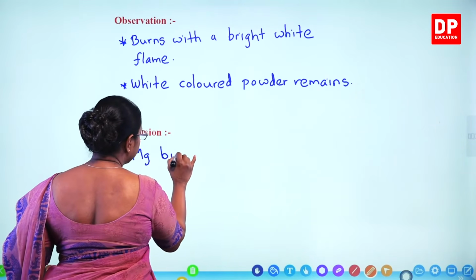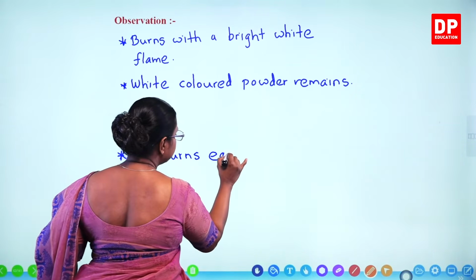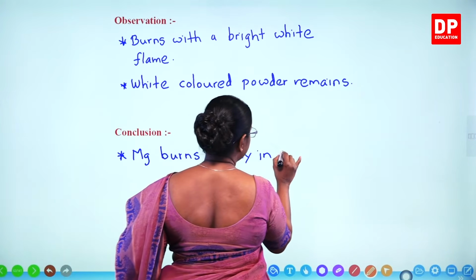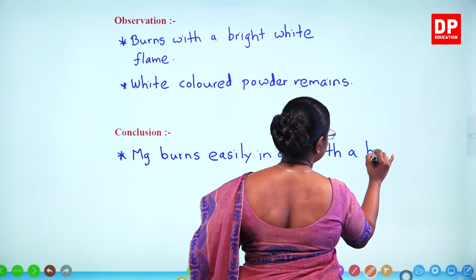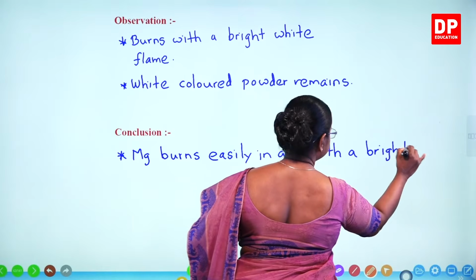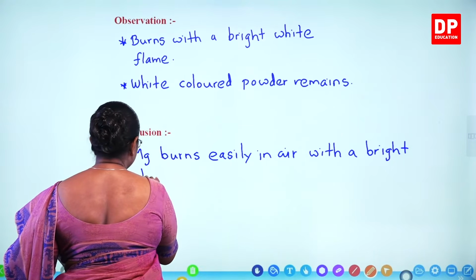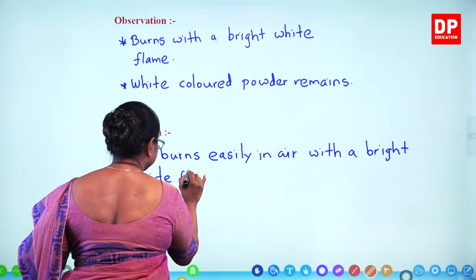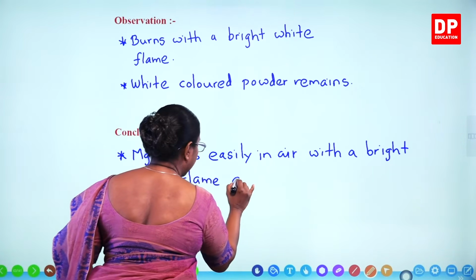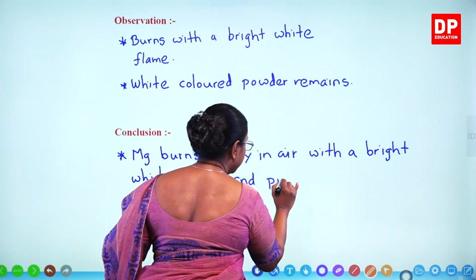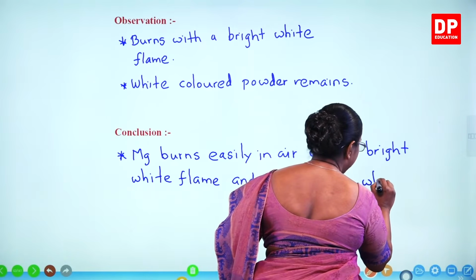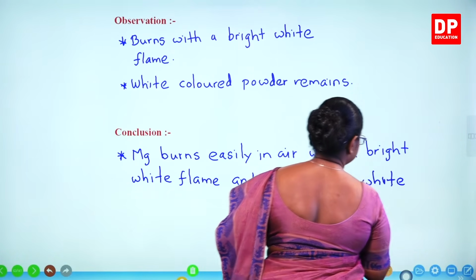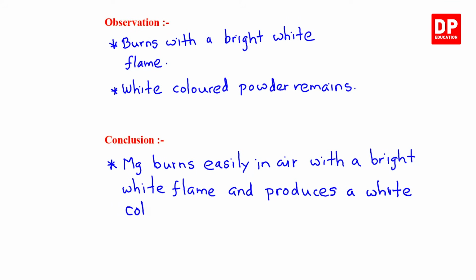Magnesium burns easily in air with a bright white flame and produces a white color powder.